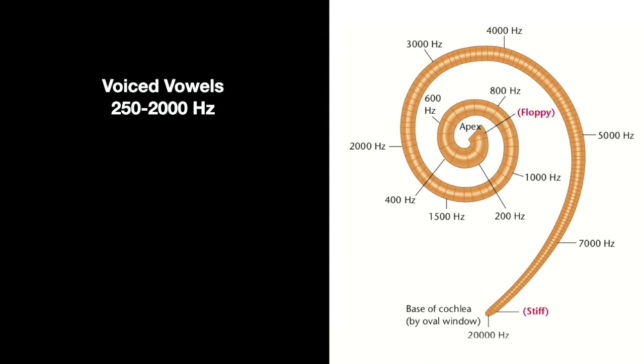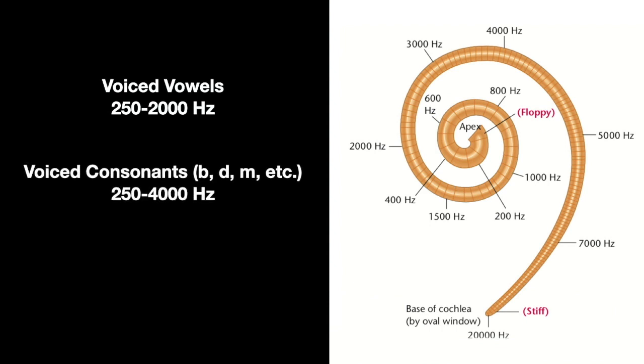You can imagine there's a lot of bass tonality in those kinds of sounds, and those exist in the 250 to 2000 hertz range, and we look at our little graphic here and we see anywhere from 250 way in here all the way around to 2000 hertz. So we're deep in the cochlea. My damage is up here, because that's where the bones vibrated at the oval window. So this is all set. I can hear vowels, no problem.